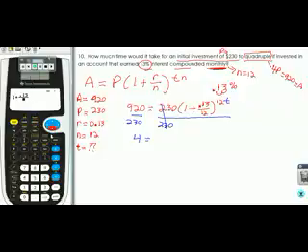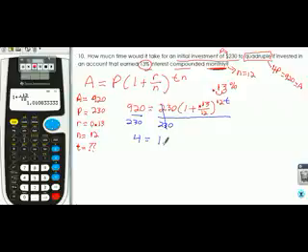That'll give me 1.010. And I'm going to keep a whole bunch of these decimals because it's not time to round yet. So I have 1.010833 repeating, raised to the 12t.